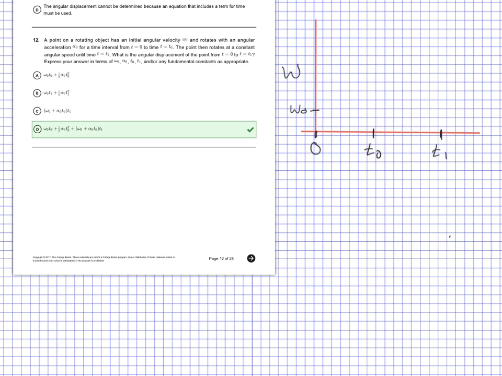So if I just graph this out off to the side, you're going to have this initial omega that you're starting out with, and because you're accelerating, you're going to be changing your velocity. We're going to assume that it's speeding up. I don't know if it matters too much in this problem because we don't have any real numbers. But I'm going to accelerate until this t equals 0.